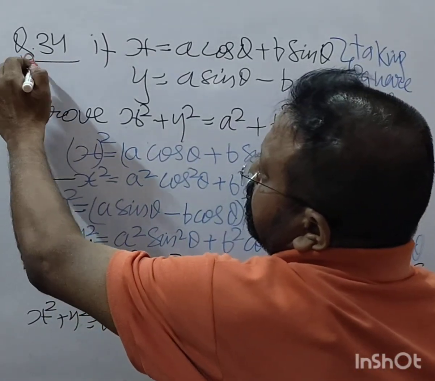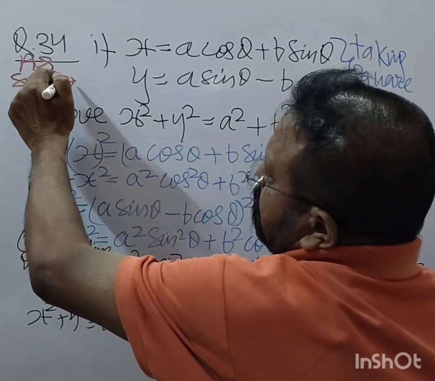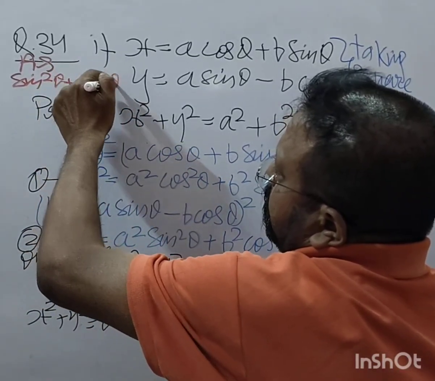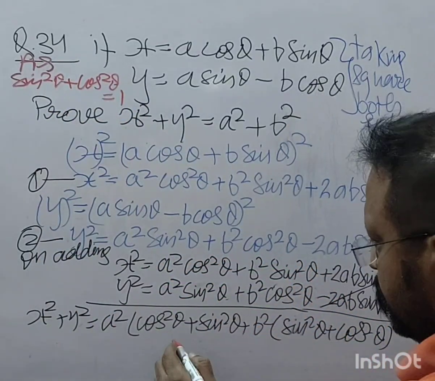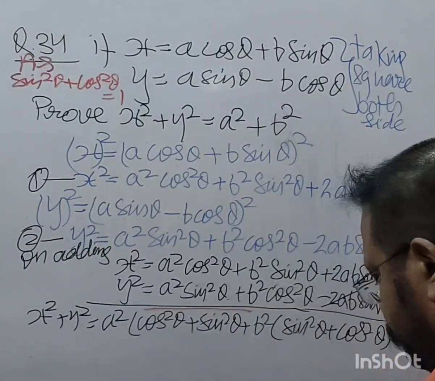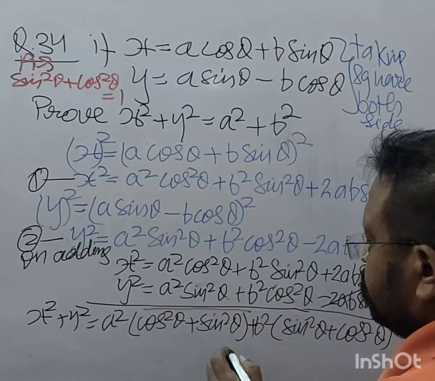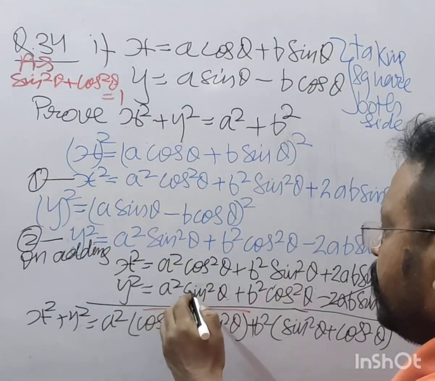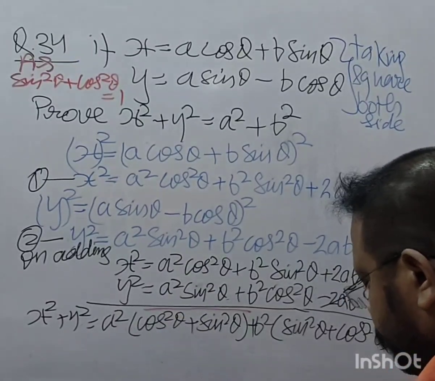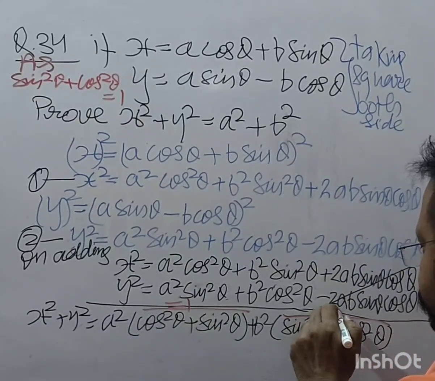As sin square theta plus cos square theta is equal to 1, this is going to be 1, and this is also going to be 1.